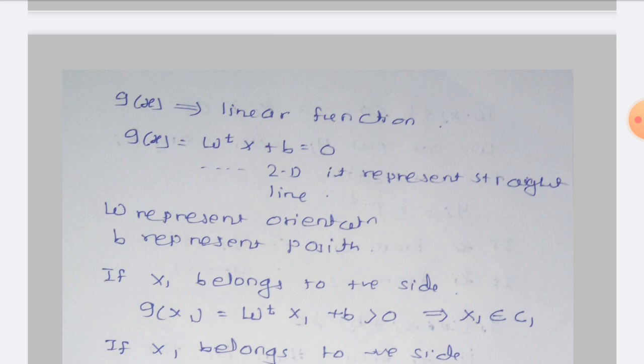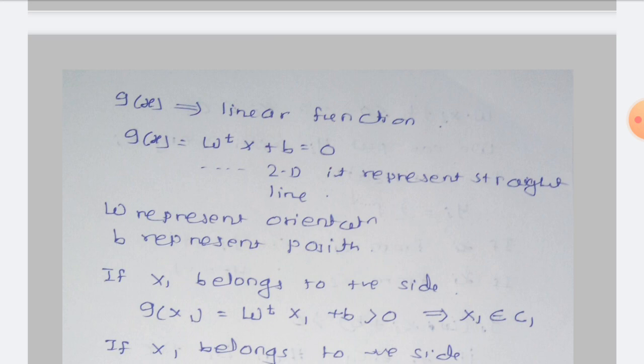Now let us consider x is x1, the first data point. If x1 belongs to the positive side of the hyperplane, then g of x1 is equal to WTx1 plus b, and this value will be greater than 0.